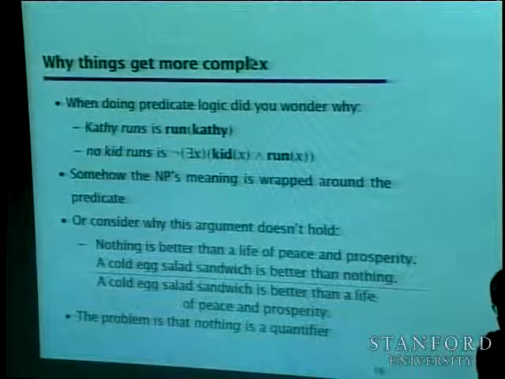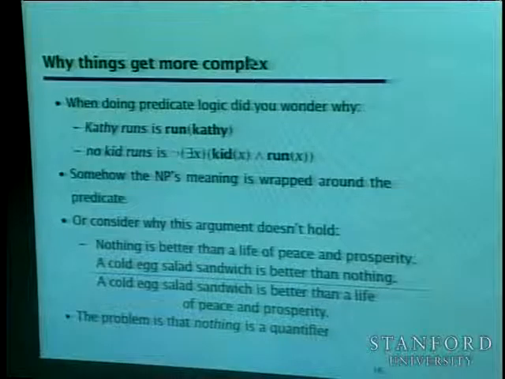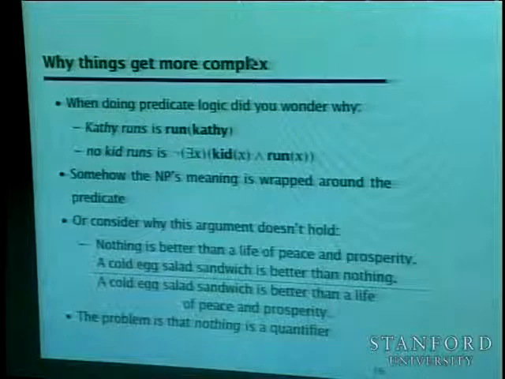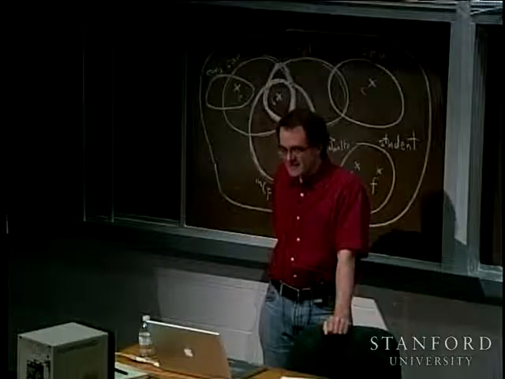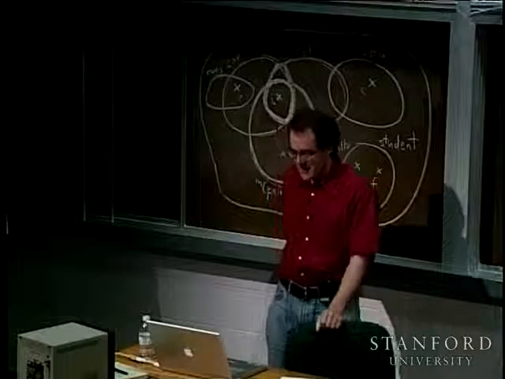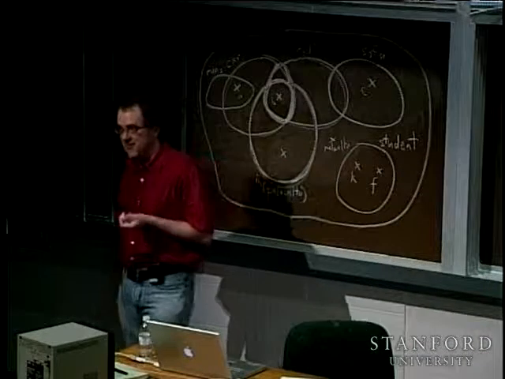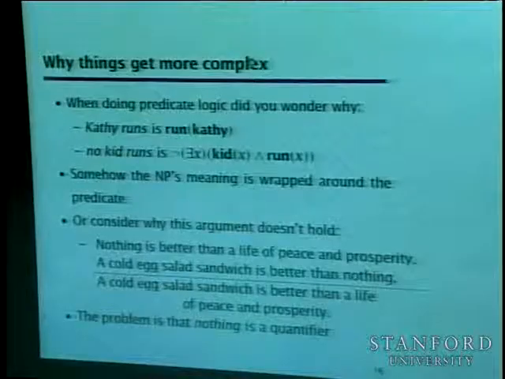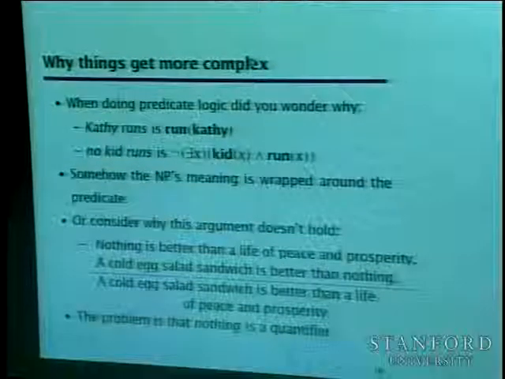Here's another example of how things go wrong. We have, "Nothing is better than a life of peace and prosperity. A cold egg salad sandwich is better than nothing." And if you don't look too closely, it seems like you should be able to deduce that a cold egg salad sandwich is better than a life of peace and prosperity. Why is that? It seems like "is better than" should be a transitive relationship.